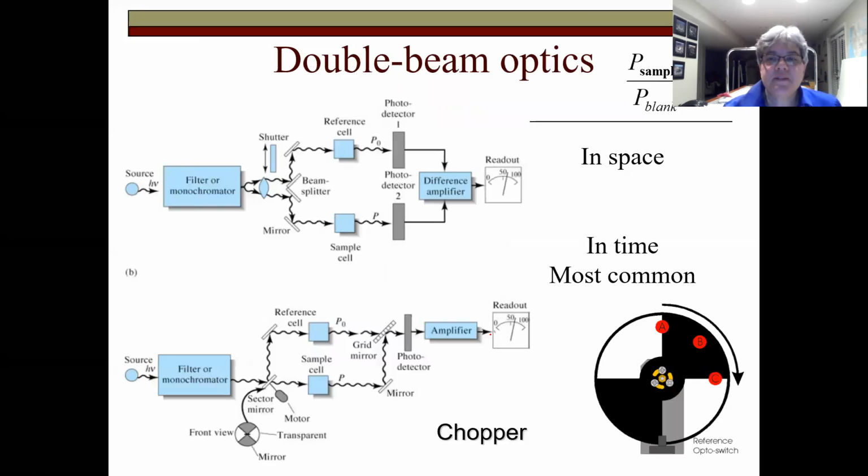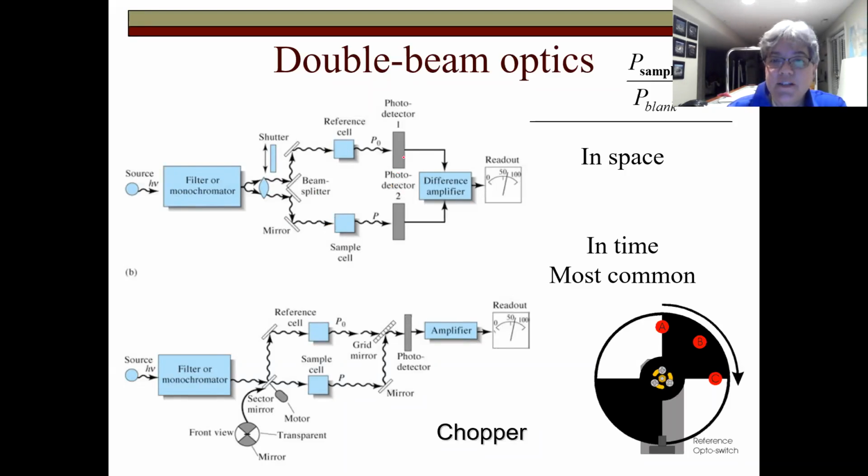So these are instruments that look like this, and there's two different ways to do it. So let's look at the top one first. So again, I have my source, I have my monochromator, and now what I'm going to do is I'm going to take the light and I'm going to split it so that half the light goes to my reference, my blank, and half the light goes to my sample.